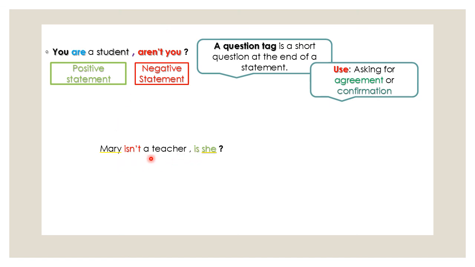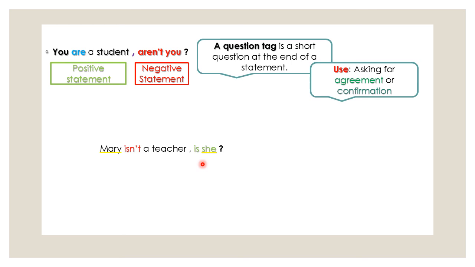Again, we have two parts. Mary isn't a teacher, negative. Is she? Positive. What do you notice? When we have the first statement in the positive, the second statement should be in the negative. When we have the first statement in the negative, the second one should be positive.